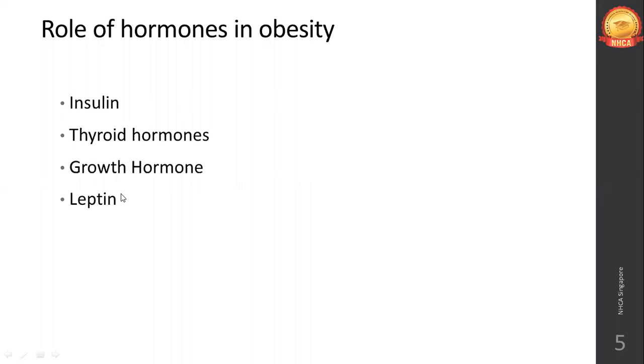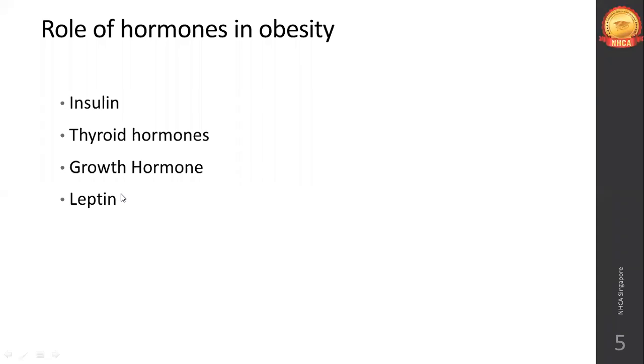When your body is not secreting enough growth hormone, your body will not be able to maintain the lean muscle mass. So whatever weight gain is happening in your body, that's because of the fat mass, not because of the muscle mass. So definitely decreased secretion of growth hormone leads to obesity.